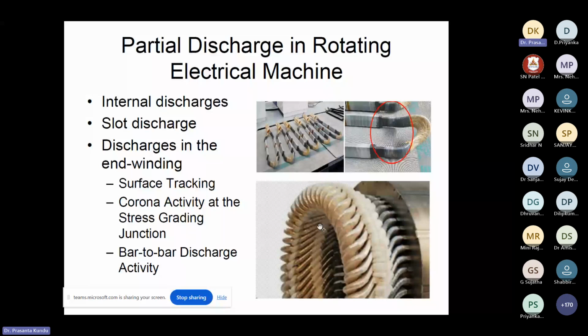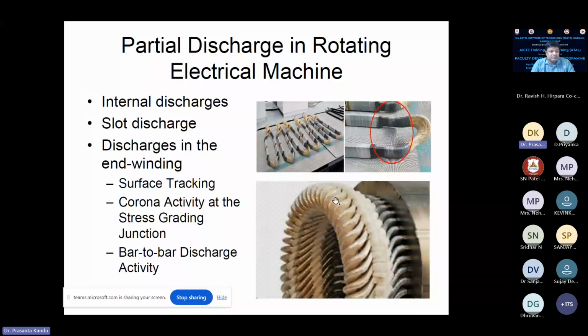Now there is a technique called vacuum pressure impregnation, where everything is taken care of, but in the previous cases, the press thermosetting type, very little care is taken, so we can have surface discharge, a discharge on the surface of the insulation.